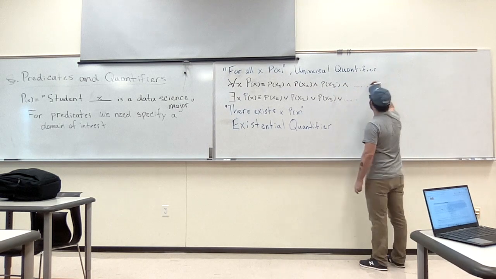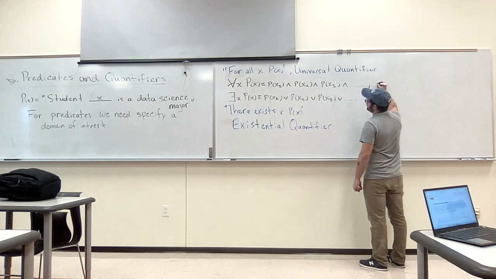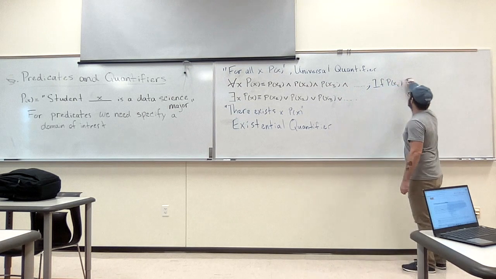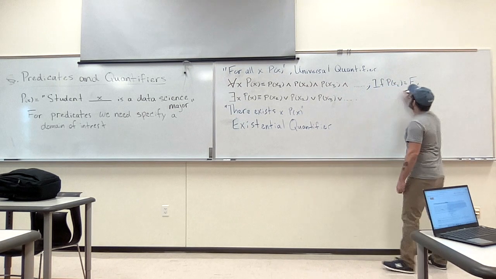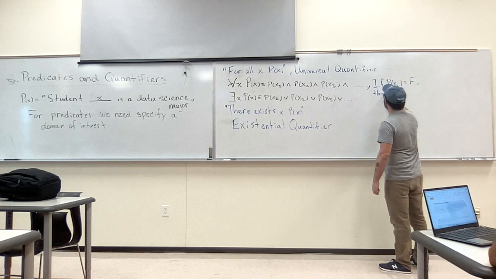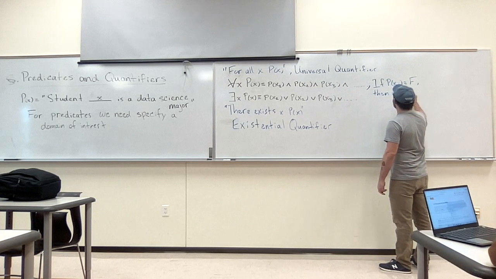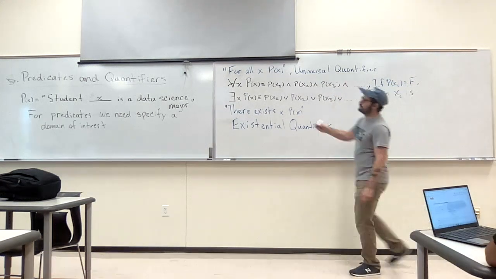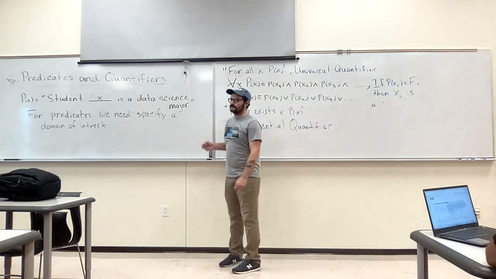So I should probably write that out. If P of xi is false, then xi is a counterexample to this whole statement.